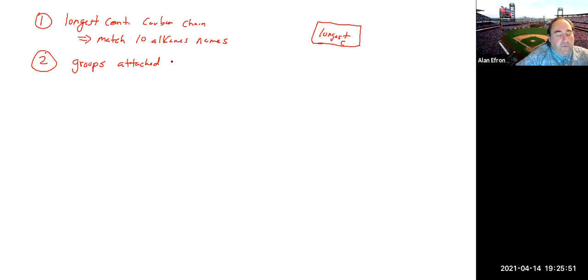Now, most groups that are attached are referred to, as I mentioned earlier, as alkyl groups. Alkyl groups are also based off of those first 10 alkanes.